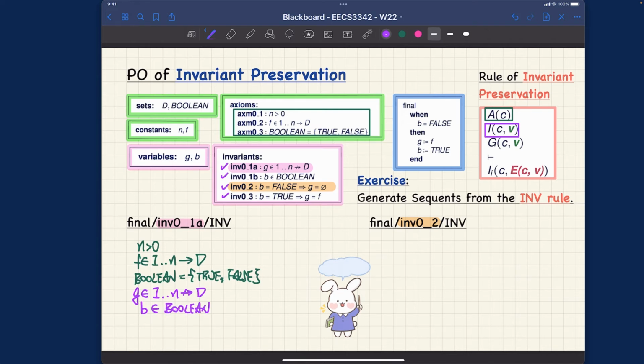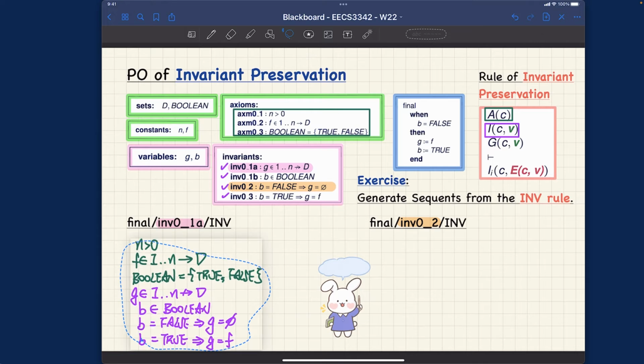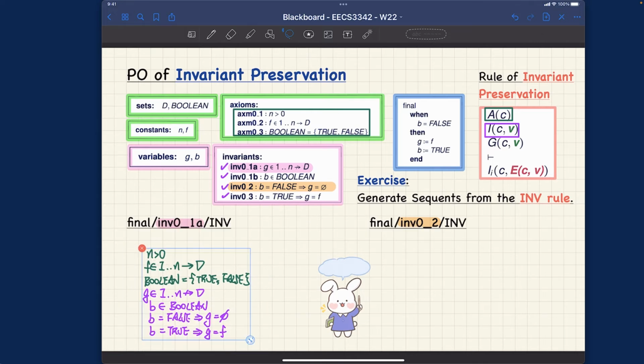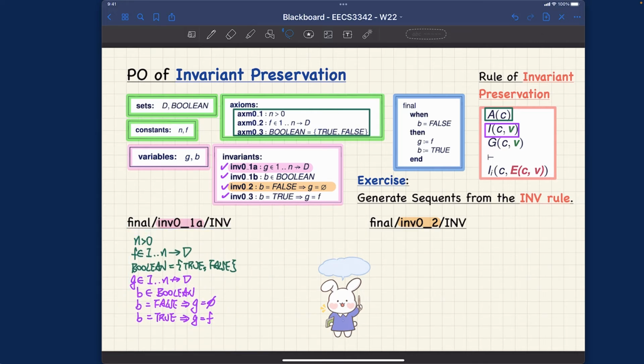And also b equals false implies g equals empty set. Finally, b equals true implies g equals f. And let me just make this smaller so I can have more space. Okay, that's good. And what else?